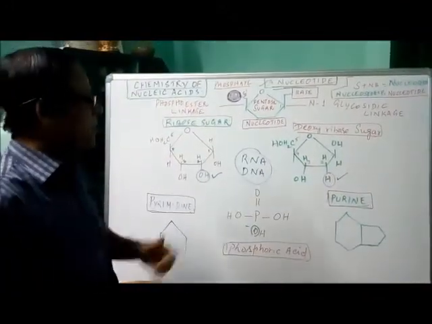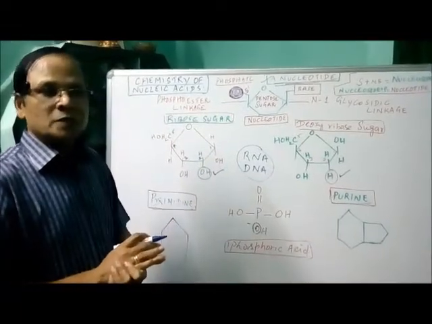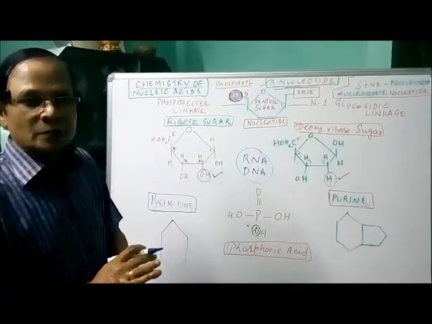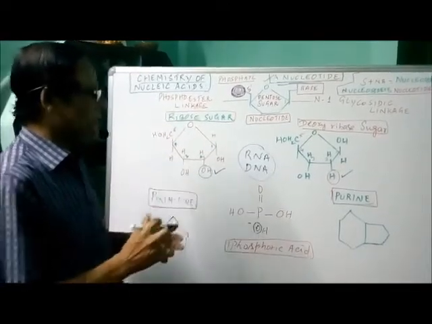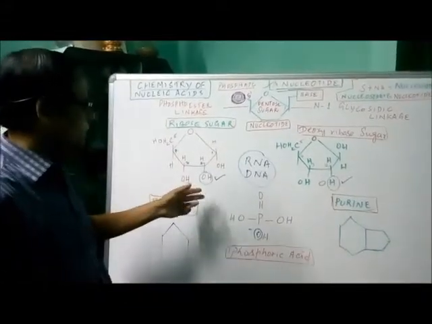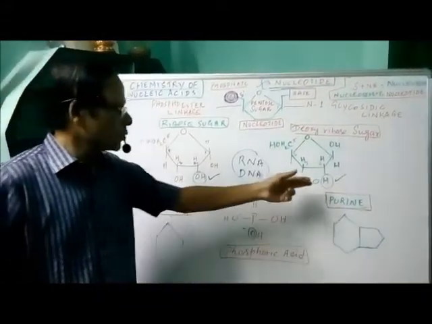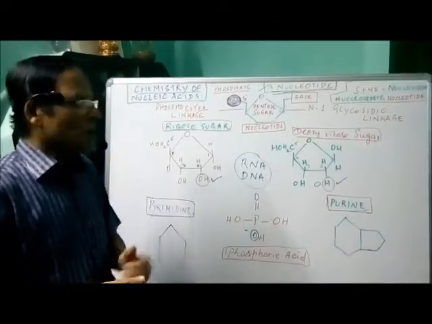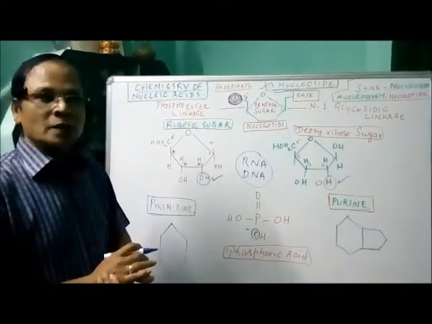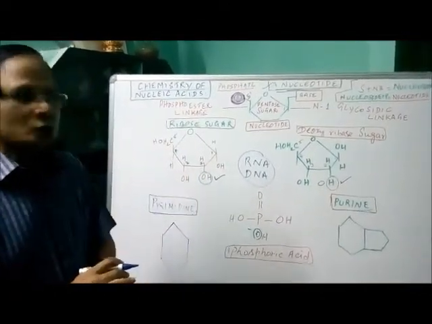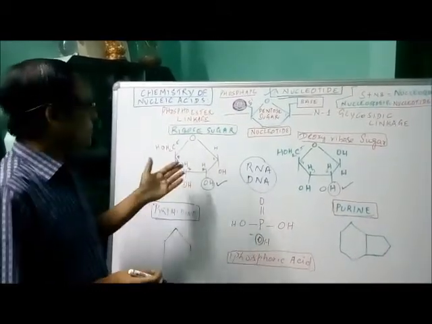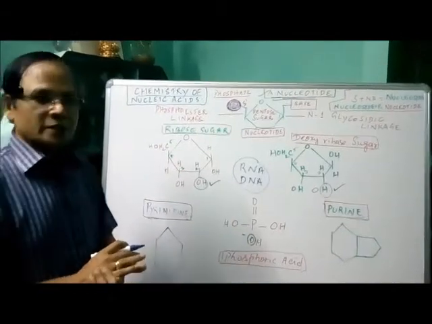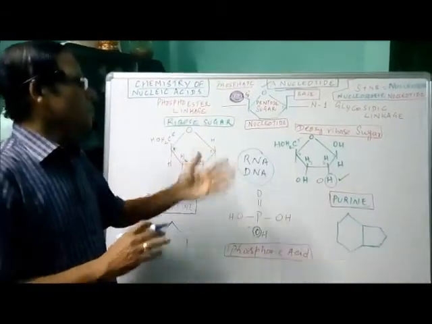That means the deoxyribose sugar has one oxygen atom less than the ribose sugar. So there you have the second position hydroxyl group, and here we have only hydrogen, one atom of oxygen less in the case of deoxyribose sugar. So the name of the nucleic acid is based on the sugar it contains, either RNA or DNA.